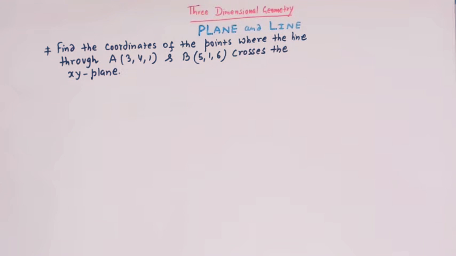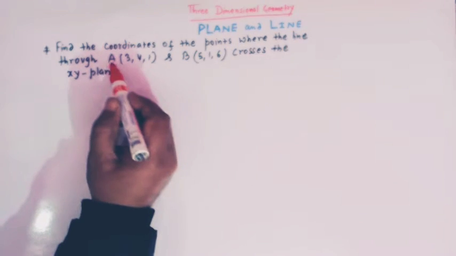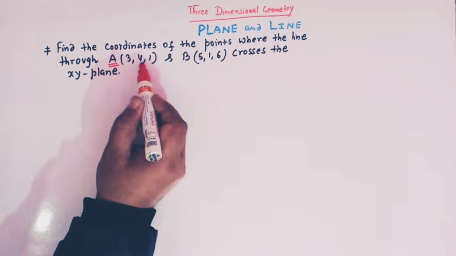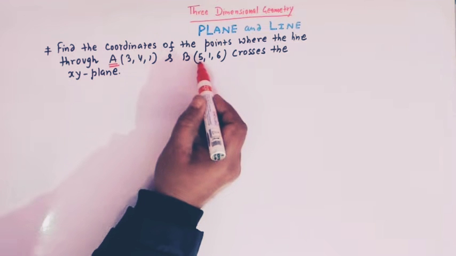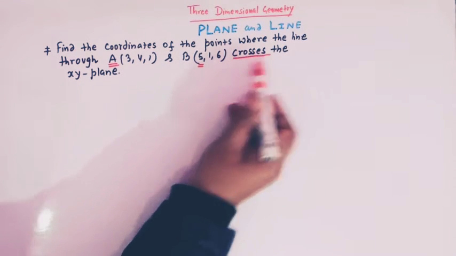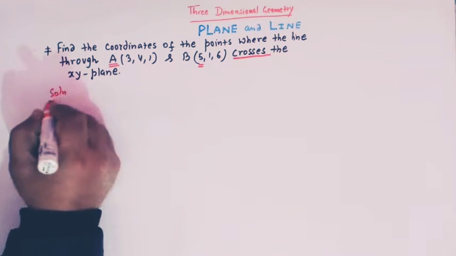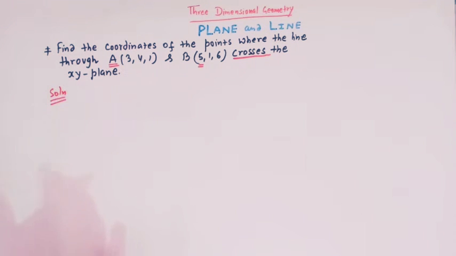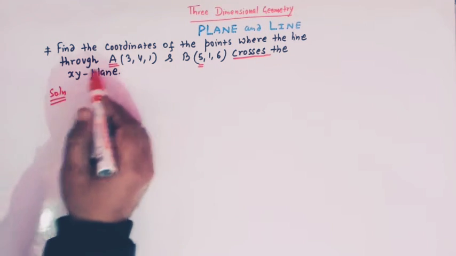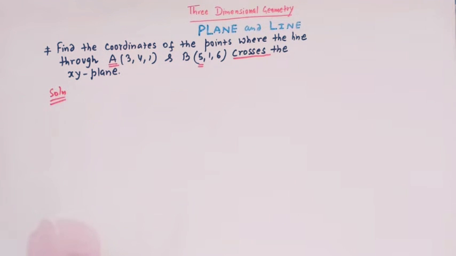We have to find the coordinates of the point where the line through A, that is (3, 4, 1), and B, that is (5, 1, 6), crosses the xy plane. So we have to find the coordinates of the point where a line passing through these two points crosses the xy plane.